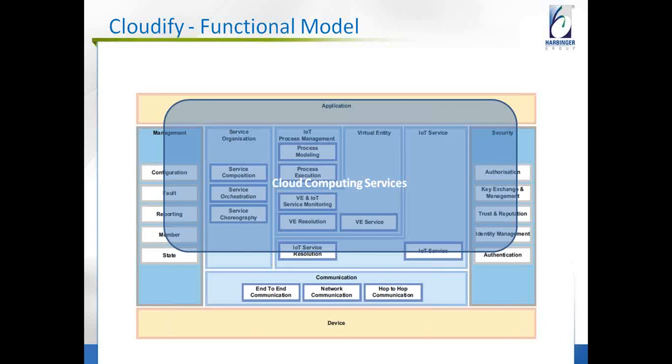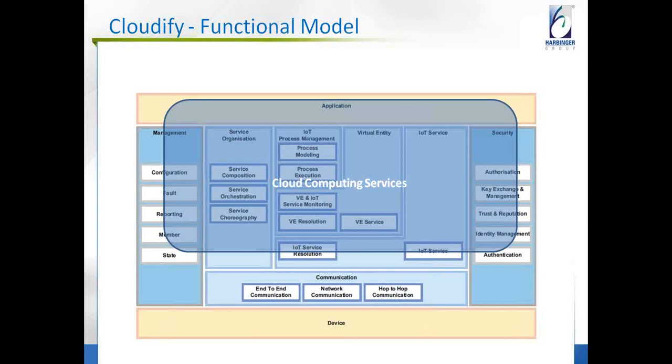When it comes to the practical realization of process management, there are different policies: permission, as in what can be done; prohibition, which means what must not be done; and obligations, meaning the central control system that needs to come into play. In this context, existing cloud services can easily be extended to the next level, through which applications can utilize the tools and interfaces defined for IoT process management itself.